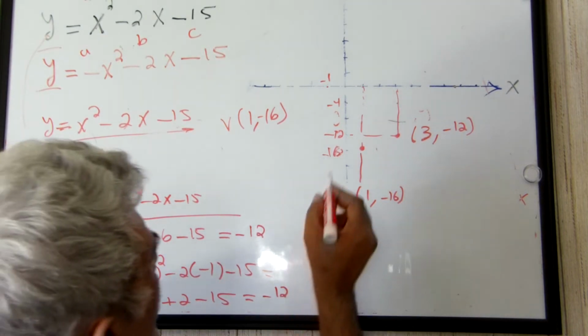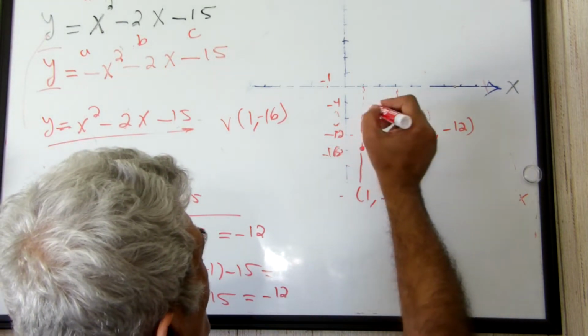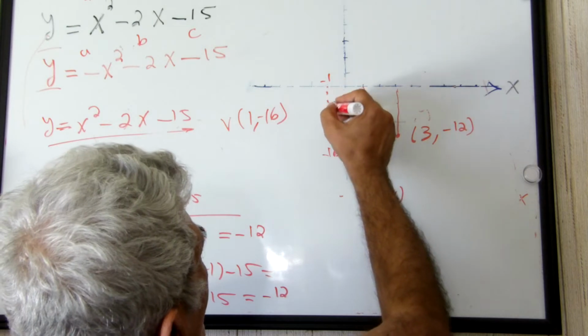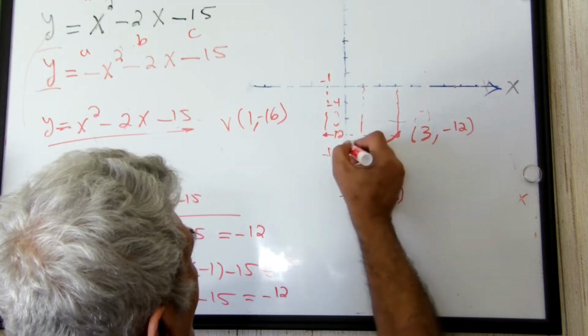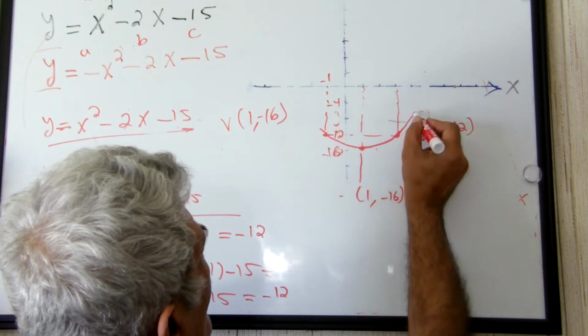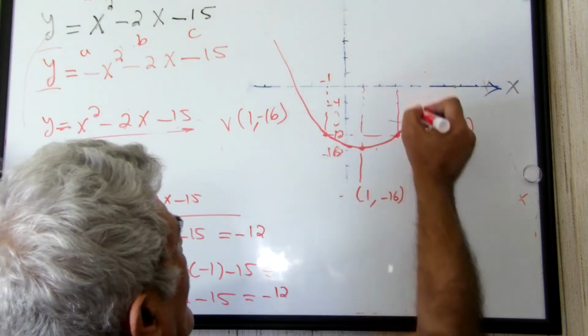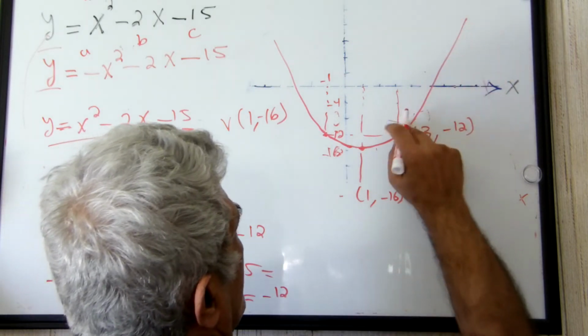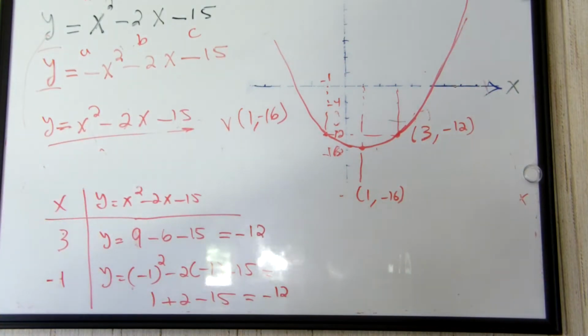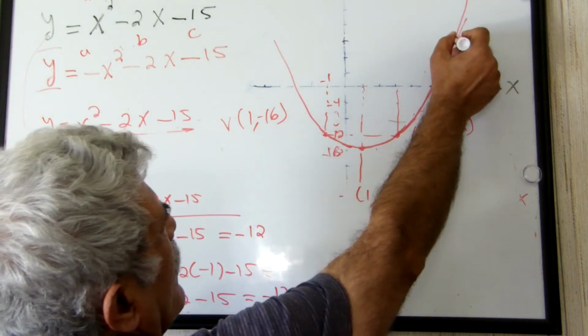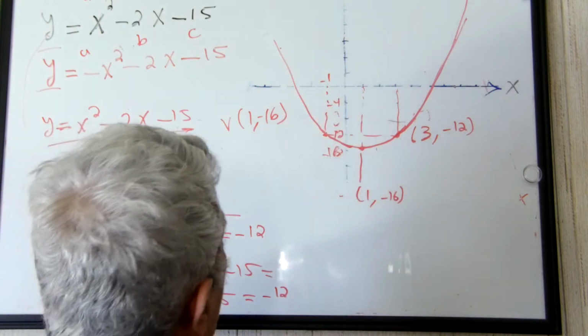So the other point, when x is minus 1, is minus 12. We know it's going to be like this, okay? We have 2 points. We could find another point here to make it more accurate.